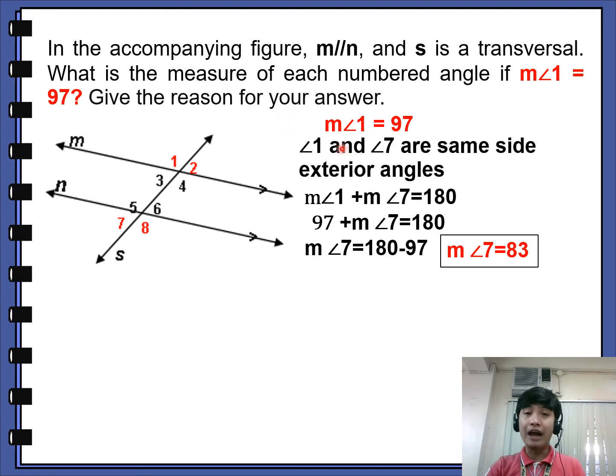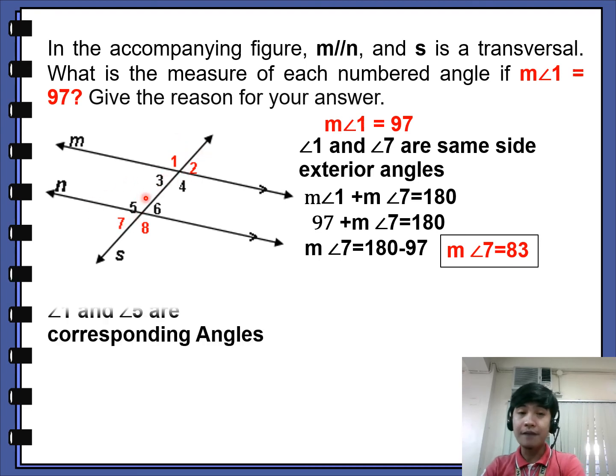Using angle 1, pag pinartner mo si angle 1 kay angle 5, nag-identify tayo ng pares ng angle relationship na pwede natin i-apply. Si angle 1 ay pwede nating i-partner kay angle 5. Okay? So, pag ginawa natin yon, si angle 1 at si angle 5 po ay corresponding angles.